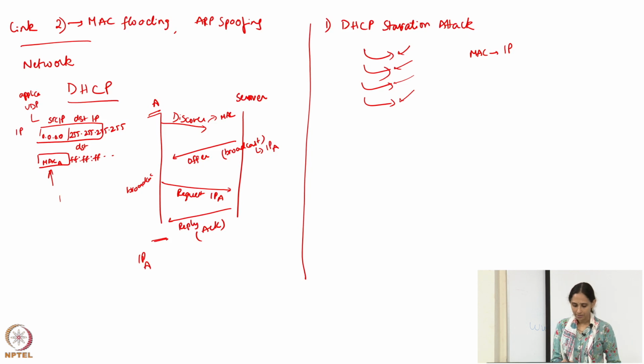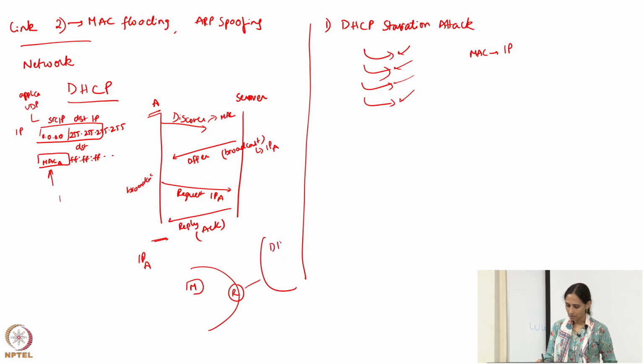Here is Mallory sitting here, and this is a router, and somewhere else the DHCP server is sitting. It is not sitting within your local area network. Now, because this DHCP server is outside, the source MAC address that it sees on whatever packet belongs to whom?